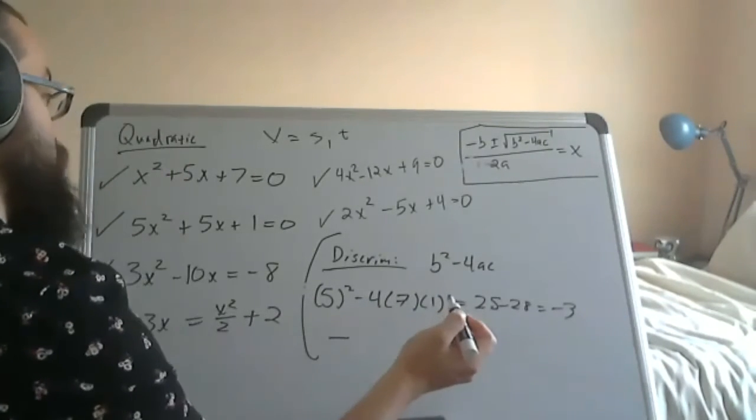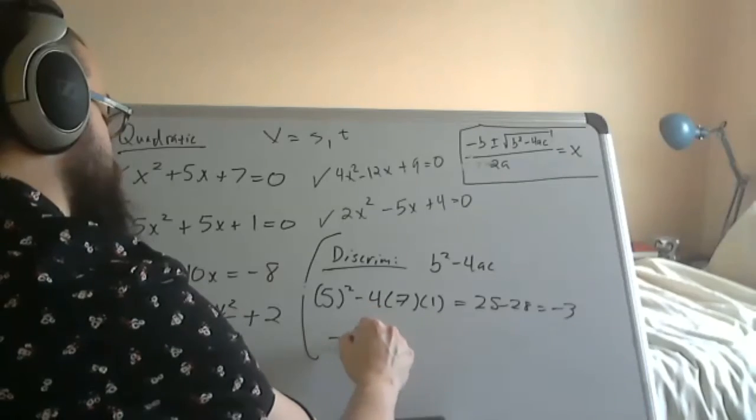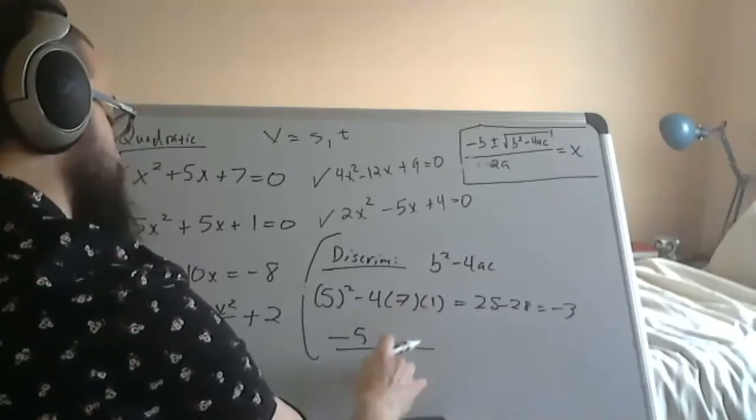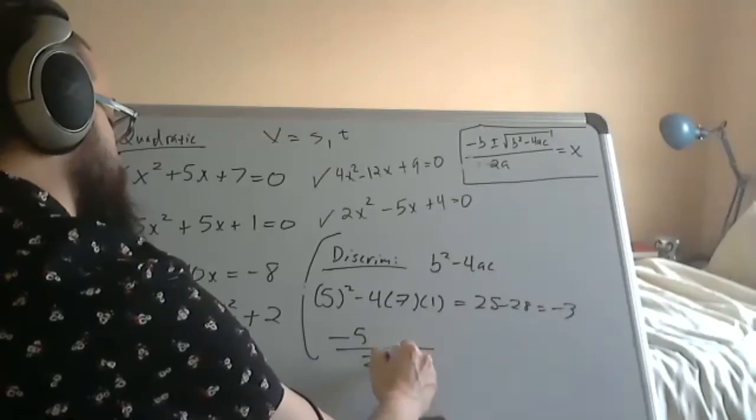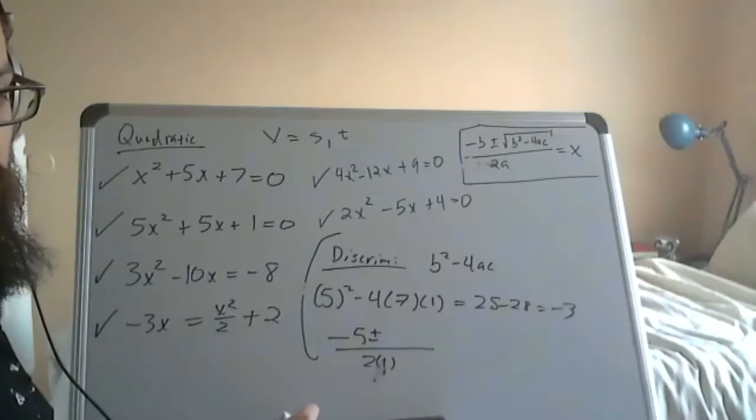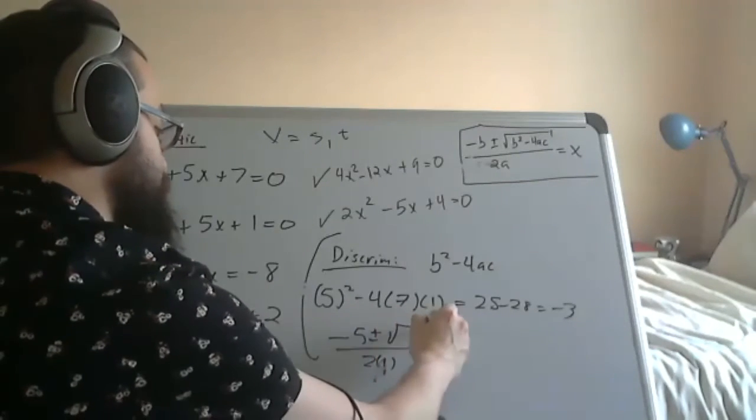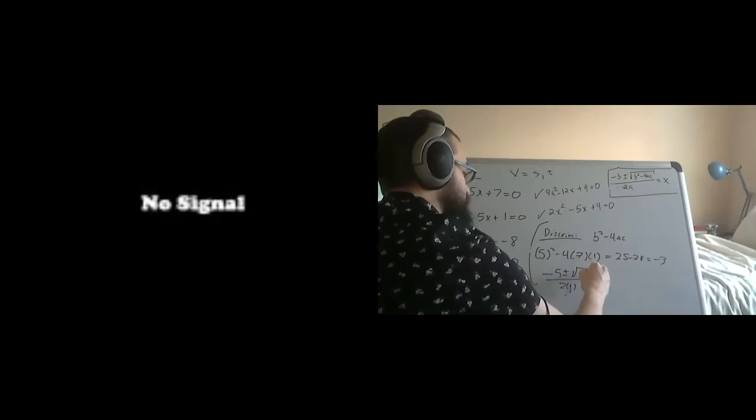When we go to actually solve the quadratic equation to get our x's, we're adding and subtracting the square root of -3.